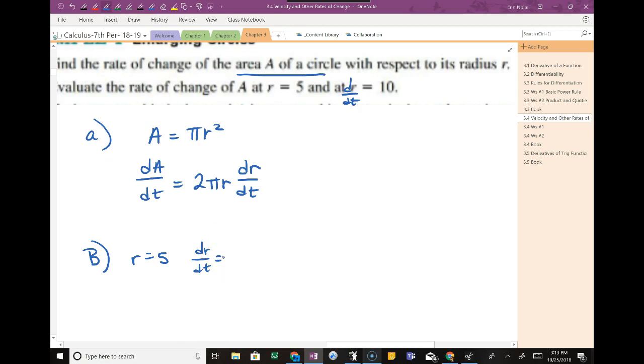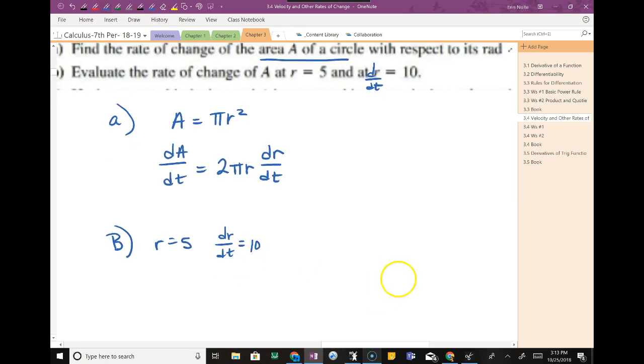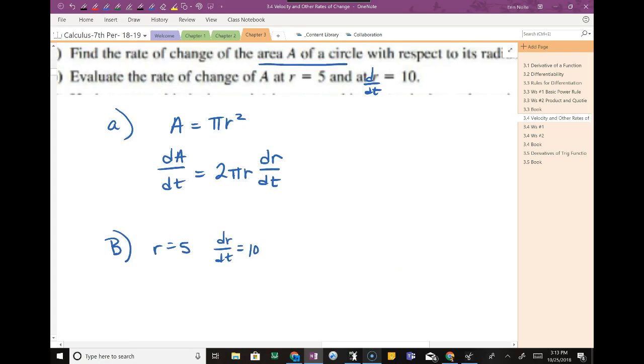With the short amount of time, I'm going to pull out the homework, and we'll start working on it together after this. So if the circle is getting bigger, when the radius is 5, the rate of change would be 10. That would be given information. So now we can find the rate of change of the area.